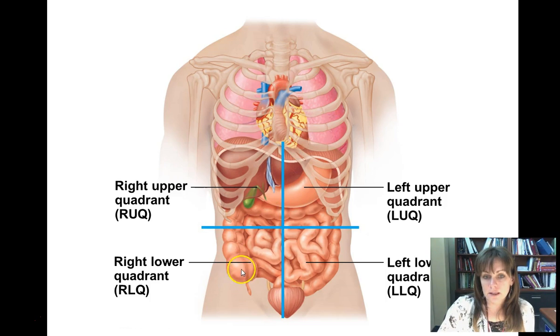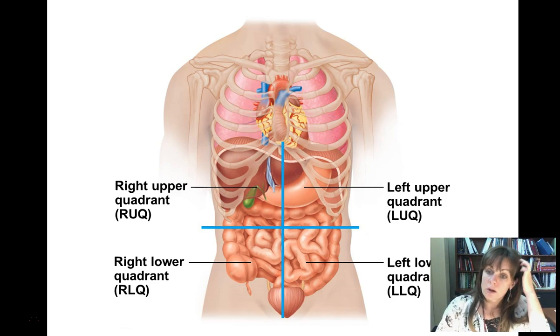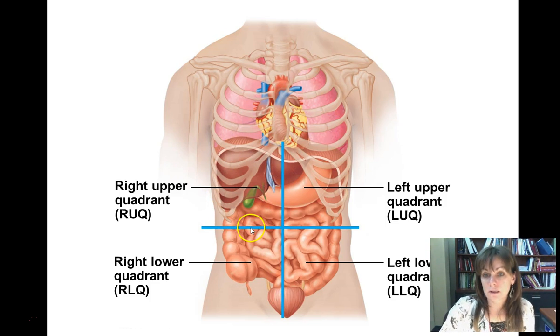And then right here you've got large intestine. And in between all this spaghetti looking stuff, that is going to be the small intestine. And then down at the very bottom, you've got the bladder. So you should practice writing out which organs are in which quadrants. And I would suggest you could even make flashcards and practice that.